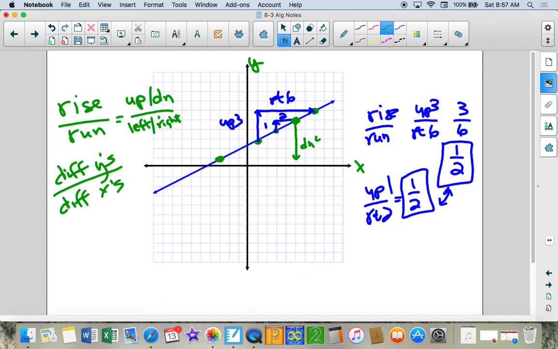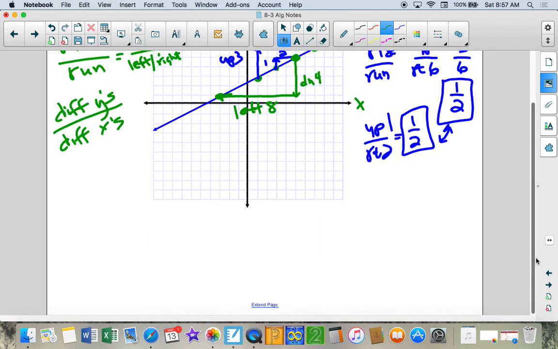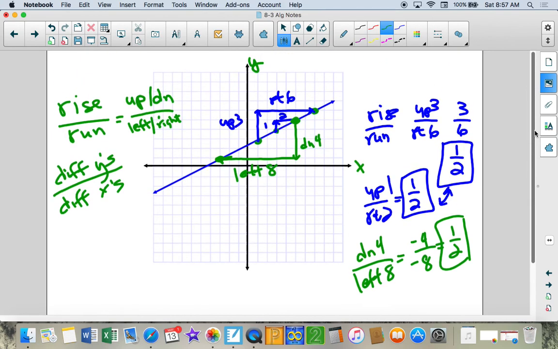So that's down 4, and then I'm going to have to go left 1, 2, 3, 4, 5, 6, 7, 8. So I'm going left 8. So if I write that, I'm going down 4, left 8. Down is negative 4, left is negative 8. Negative 4 over negative 8 is positive 1/2. So notice each time the slope stayed the same.